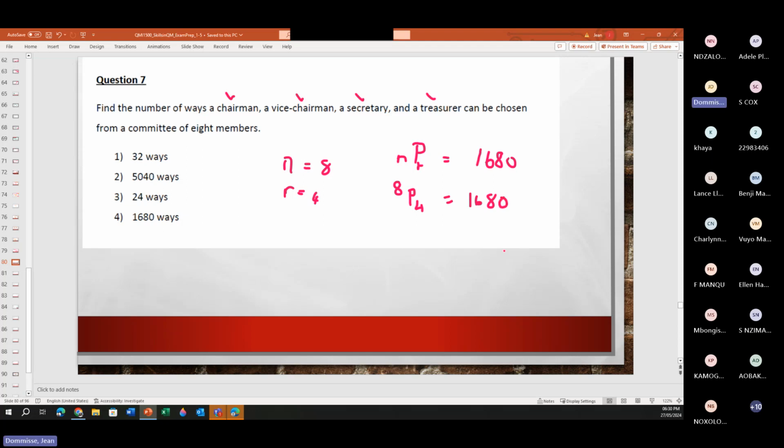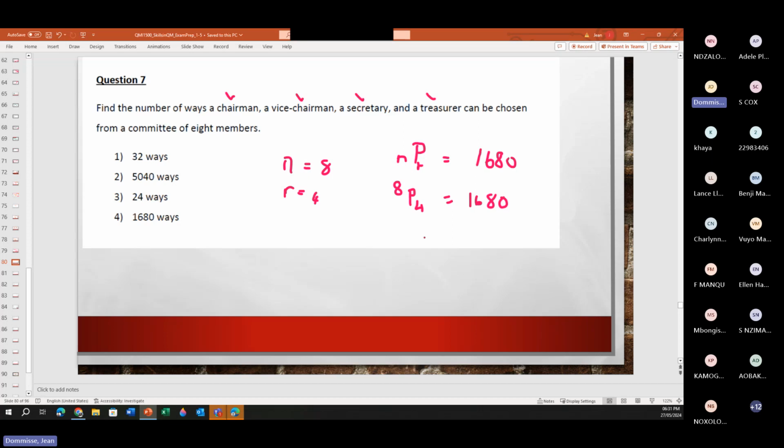That is a lot. So on my calculator, it was 8P4.